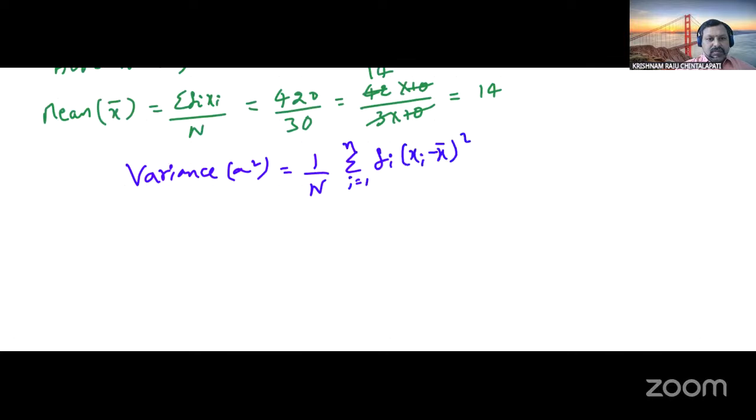So sigma square is equal to 1 by, what is n value? 30, into summation Fi into xi minus X bar whole square, how much? 1374.